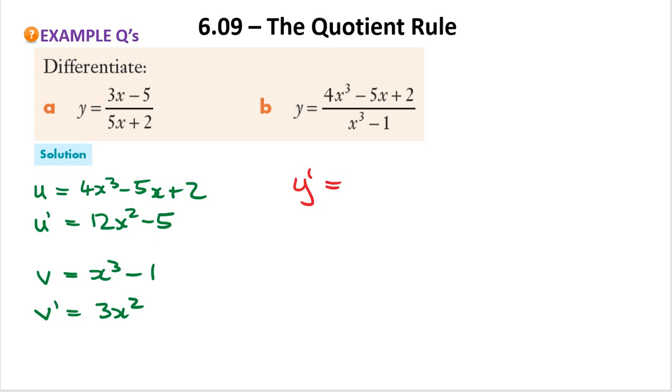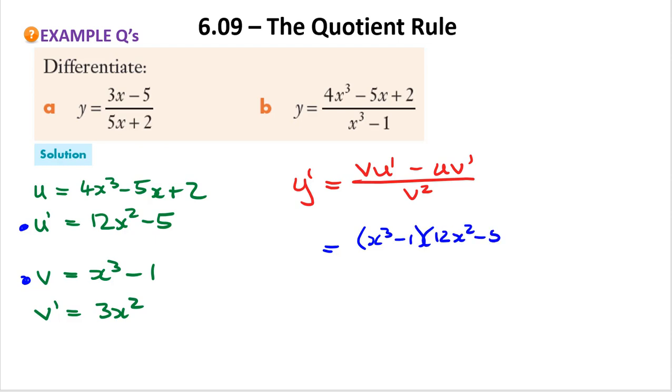So our quotient rule, always start with vu' all over v squared. Do your substitution. So we're going to combine these two elements here. Now this time I've got two binomials, so it's going to be a little bit more complicated in terms of just expanding and simplifying than our last example.